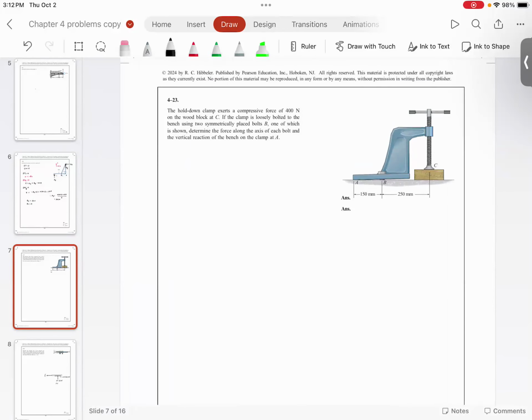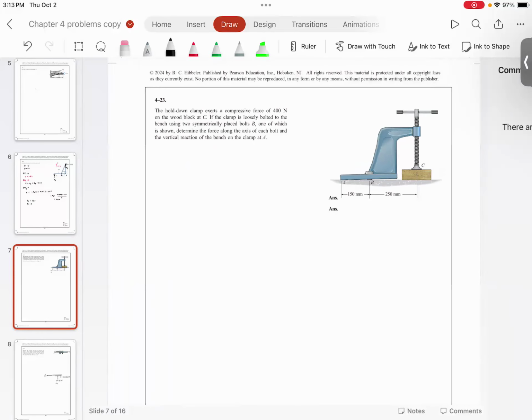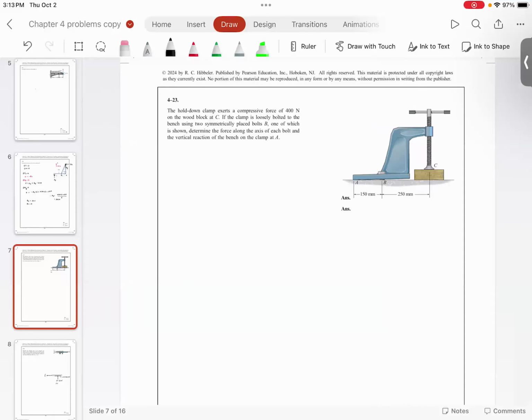So this is called the hold-on clamp. What you have is this clamp. This clamp is actually fixed here and here. So there are two locations where this clamp is fixed. So basically what this is saying is this is the pivot point A, and it applies compressive force.